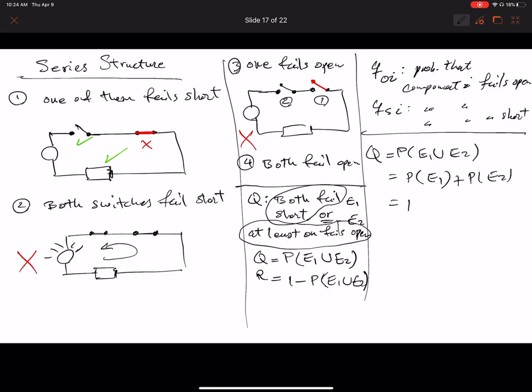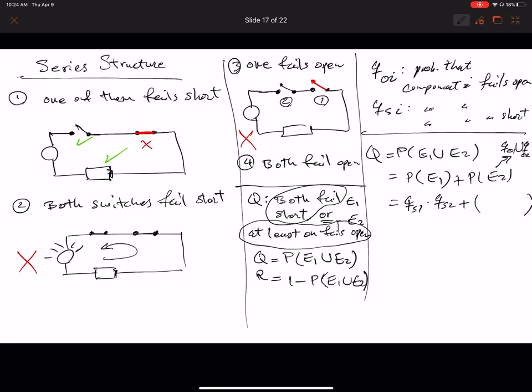So the first one fails short and the second one fails short: QS1 times QS2, plus at least one of them fails open, which is basically the union of QO1, QO2.